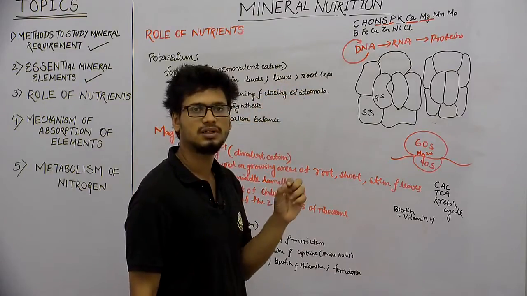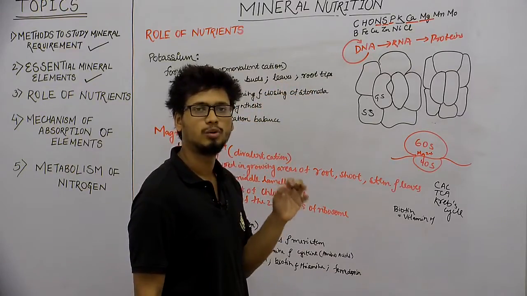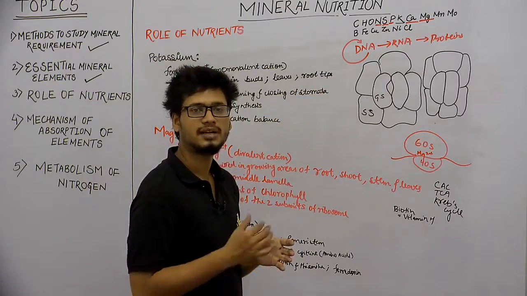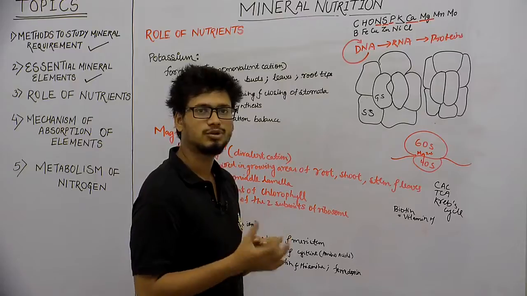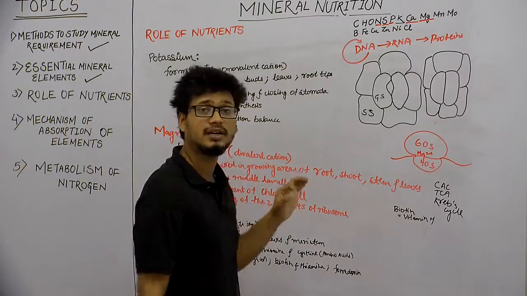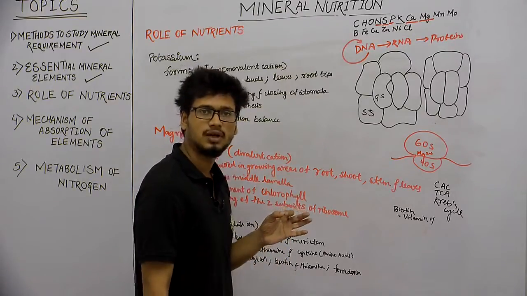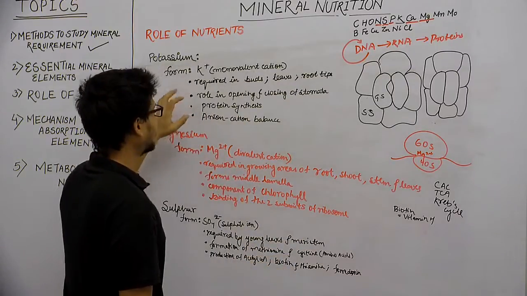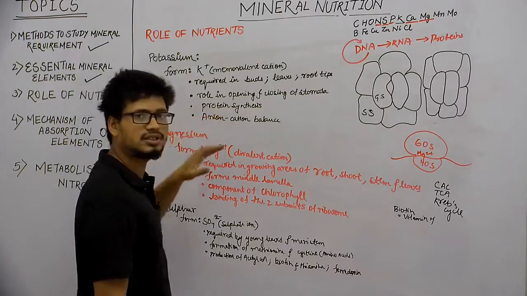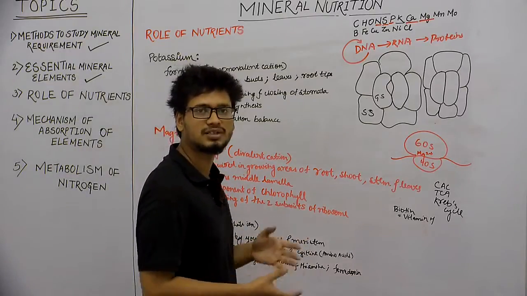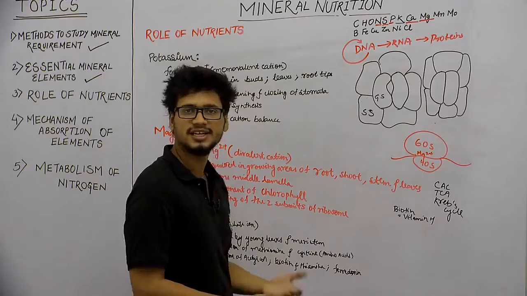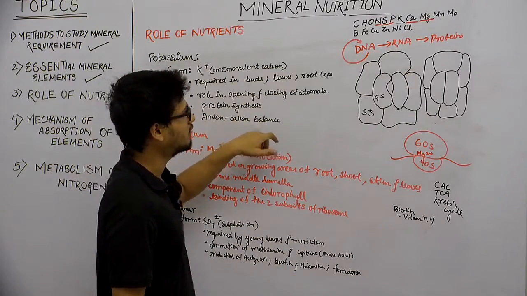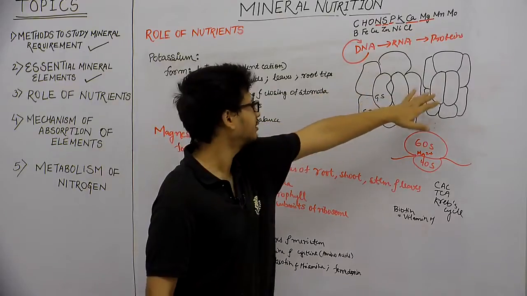Root tips they're very finely growing, और root tips जो होते हैं that are responsible for water absorption. तो जब water absorption उनका role है, they do have to maintain a very accurate balance of anion and cation inside their cells. Next is protein synthesis. Protein synthesis is very important for growing parts of the plant and the general plant body as such. Next there is anion cation balance, which is important in the opening and the closing of stomata.